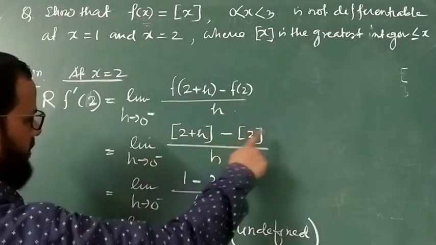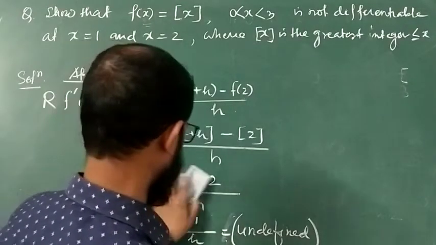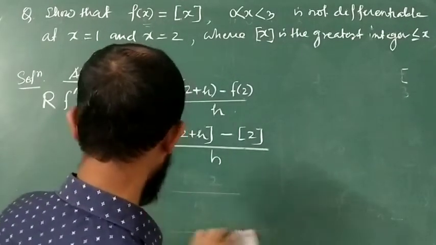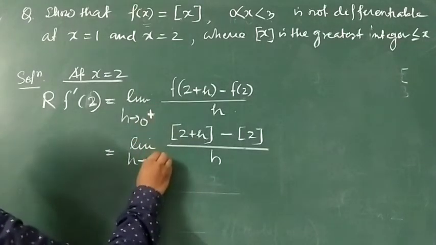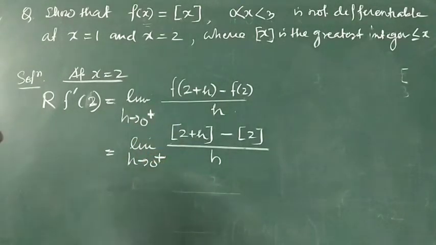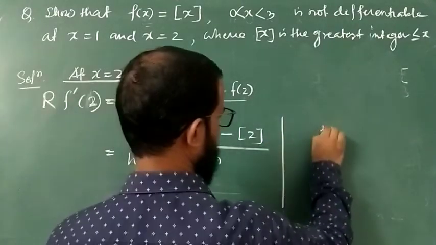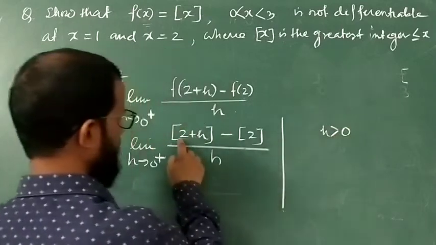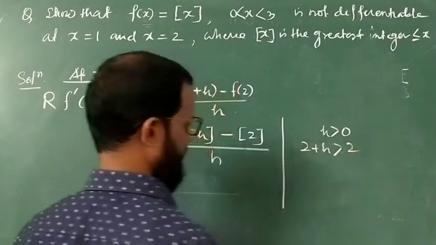The definition will be the same, everything will be the same. Up to this level it is okay, only now h tends to 0 plus. Use the condition: h tends to 0 plus means h is greater than 0. Now you need 2 plus h, add 2 on both sides.